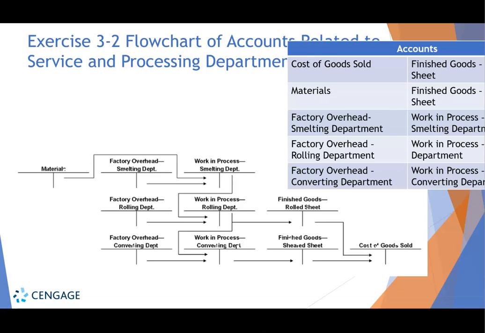That converting department then gets debited with factory overhead applied to the converting department. When that process is completed, then that will go into the finished goods for the sheared sheets. And when those sheared sheets are sold, that portion will also then go into cost of goods sold. So these specific aluminum products can stop in the rolling department, and then some move on to the converting department.